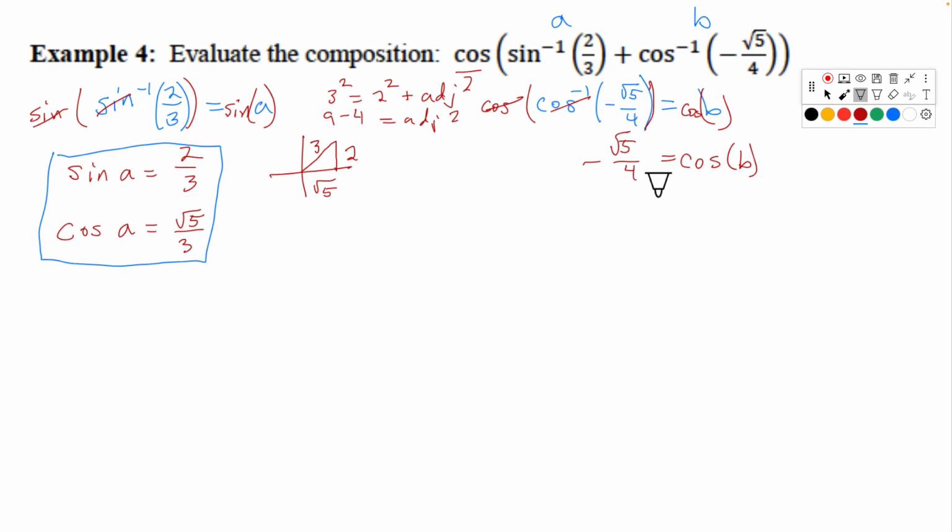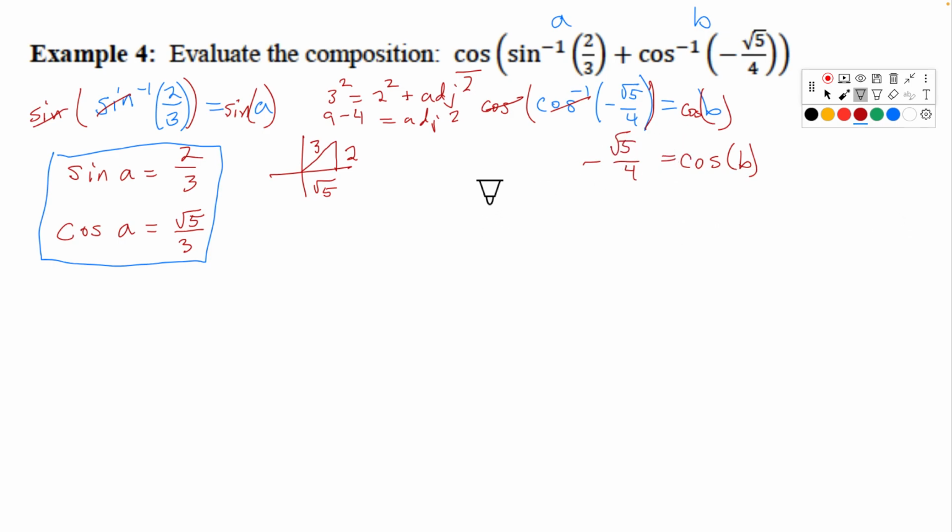If cosine is negative, which quadrant are we in? Second, right? Because first quadrant would be positive, and second fits within the domain and range of inverse functions, so we know we're in the second quadrant, so we're going to expect sine to be positive. So that's why we sometimes have to place ourselves again.